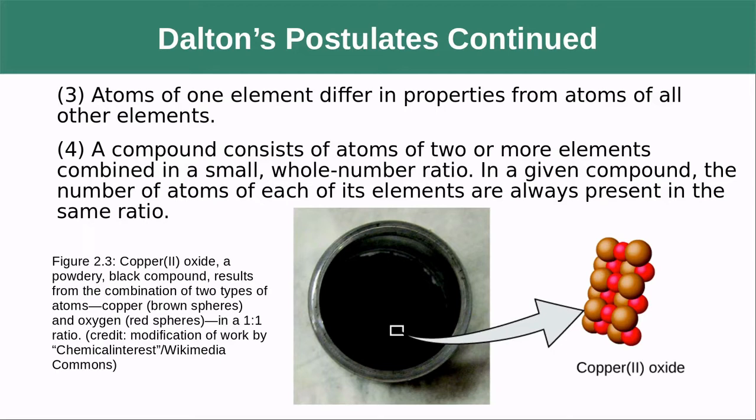So he was really trying to explain how we have all this myriad of different materials when we know that it's all based on just a small set of elements. So in our example here, we have copper oxide. We can see that this is composed of both copper and oxygen in a regular pattern. For every copper, there is one oxygen atom, and they arrange themselves together in a definite pattern.